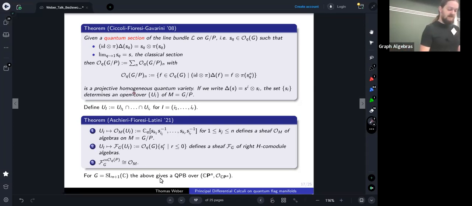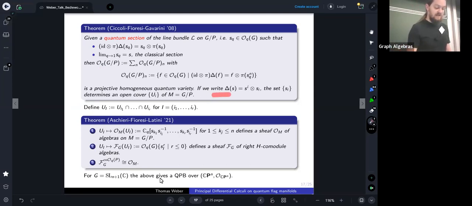And in this case, you can define the deformation of the quotient space with a sum that we can prove is actually a direct sum, in this way. So just the same definition, just with the quantum section. And they show that this gives you a projective homogeneous quantum variety.